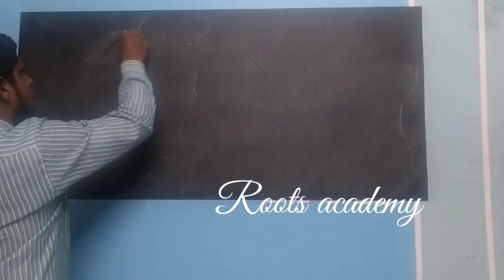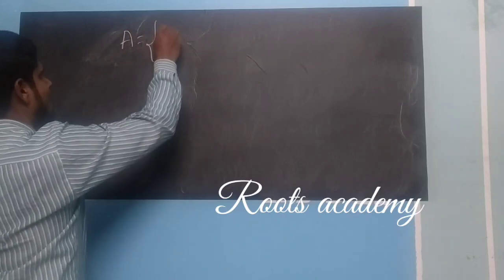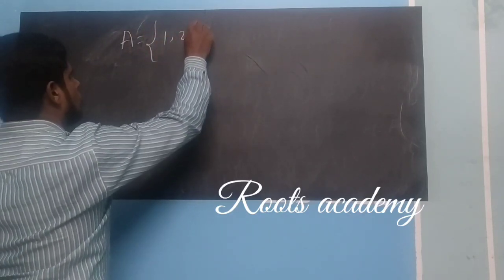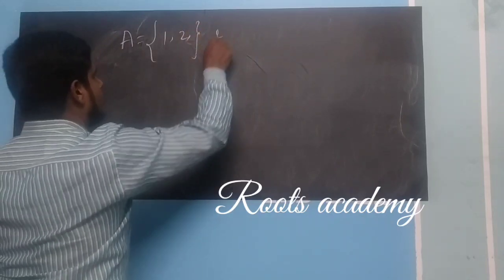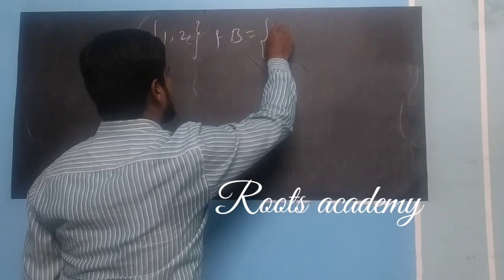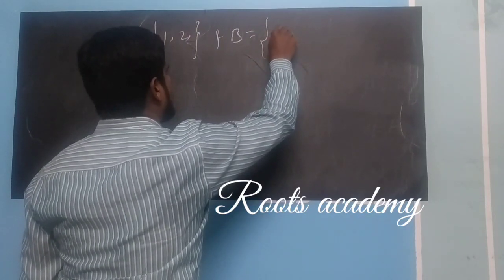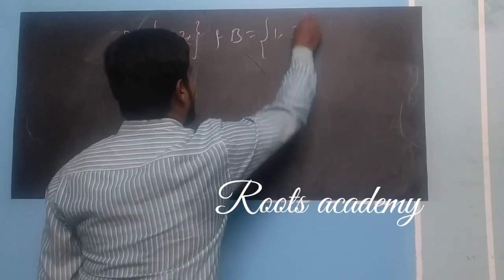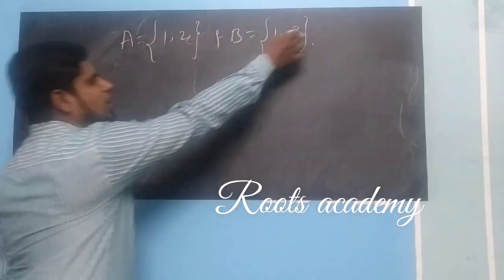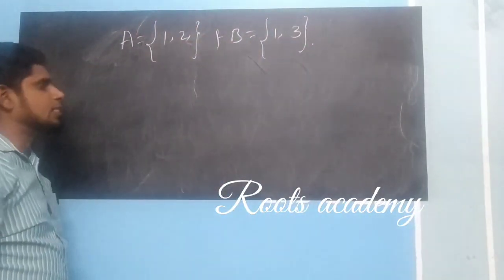Suppose there is a set A = {1, 2} and B is a set which is {1, 3}. We can increase the number of elements also, but I am taking simple sets.